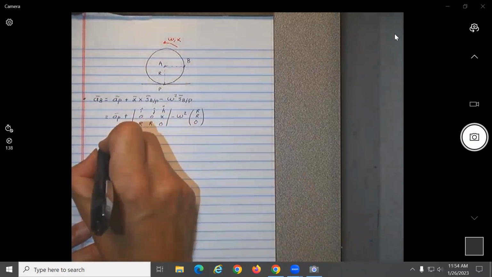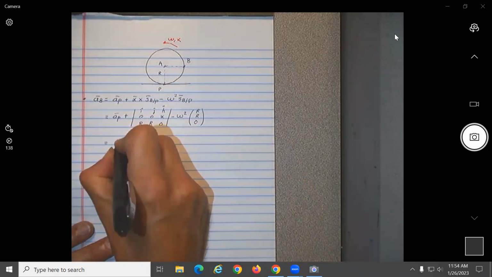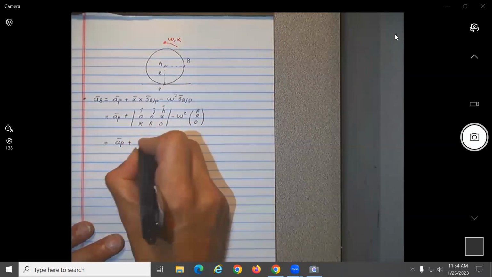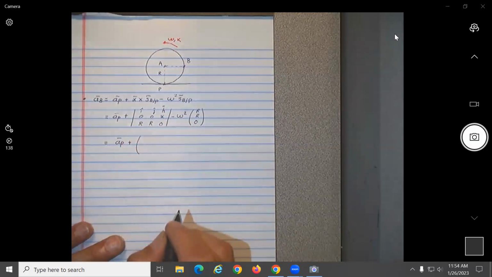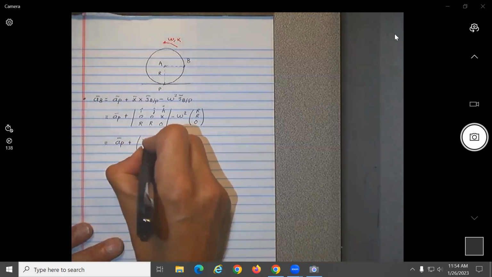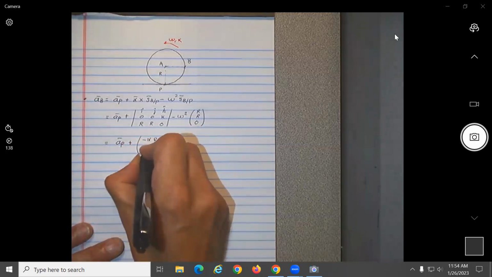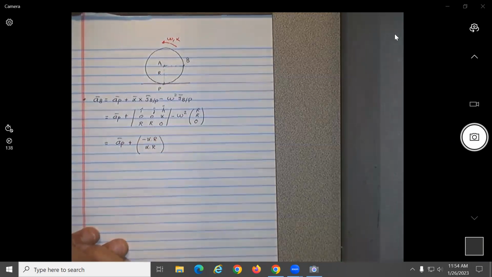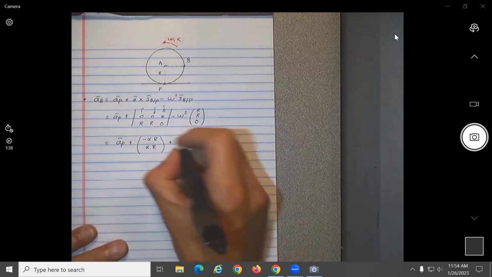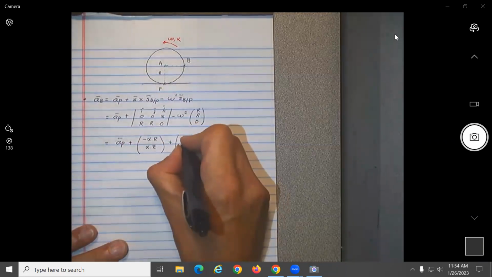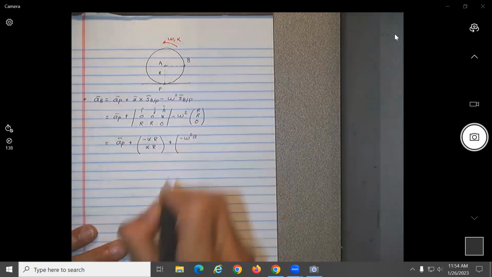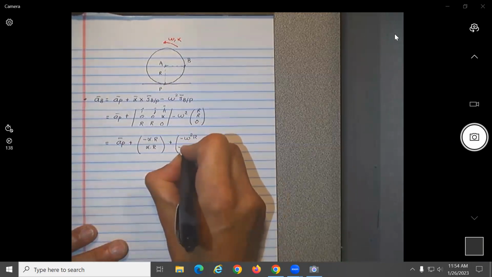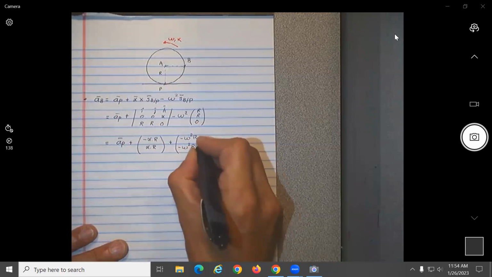All right, so this will be equal to A sub P plus what? Negative alpha R, and then positive alpha R. And here I'm going to put minus omega square R.